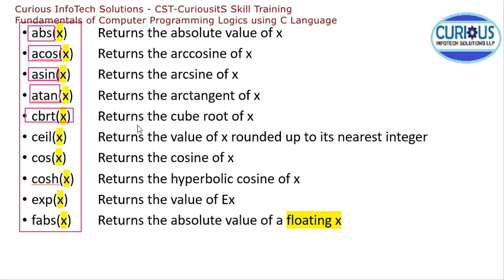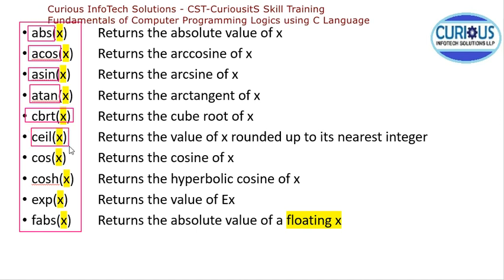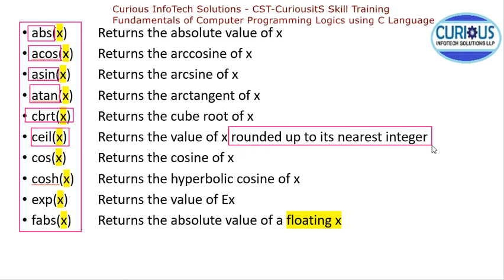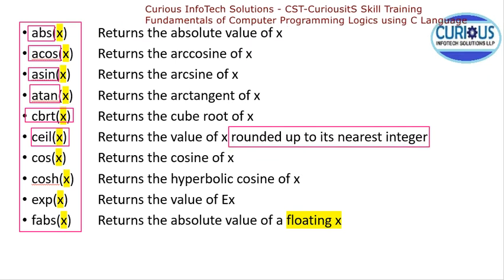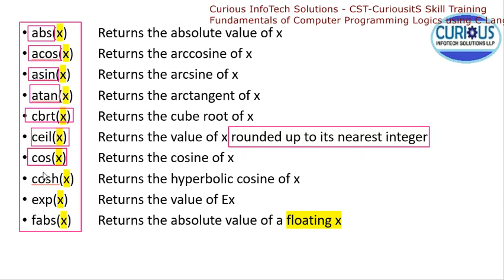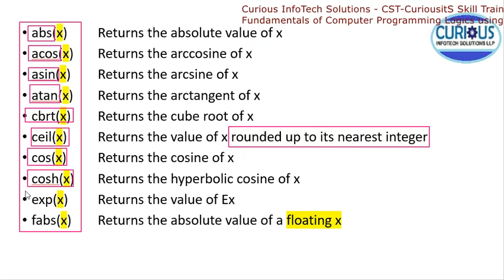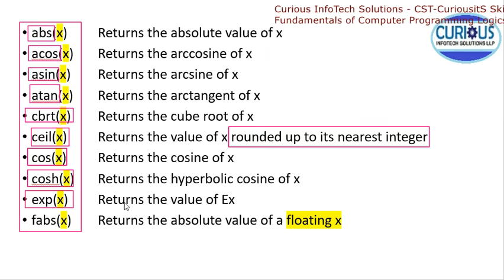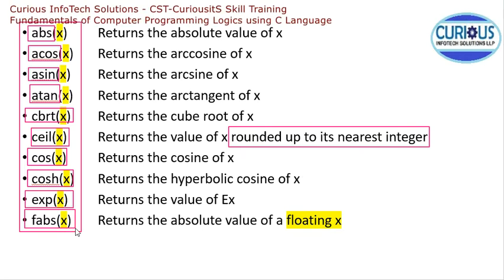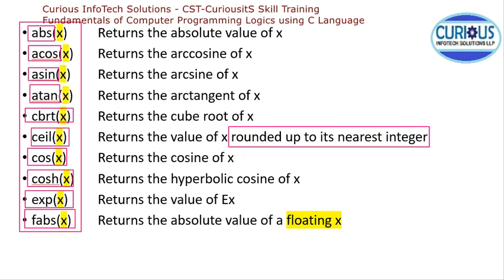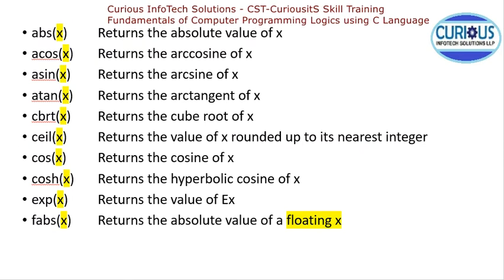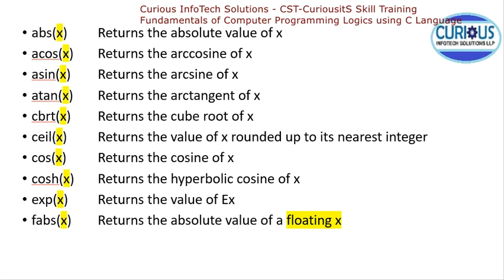Cube root is also possible. Now ceil means you want to round it up to the nearest value. One is round, one is ceil, and one more, floor, is there. Now cos is trigonometric, cosh is hyperbolic, then exp is exponential. It will exponentiate your value. Then fabs: for a floating number, you want the absolute number. So these are some useful inbuilt functions of math.h.